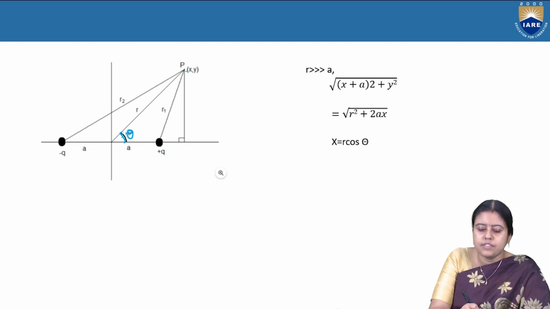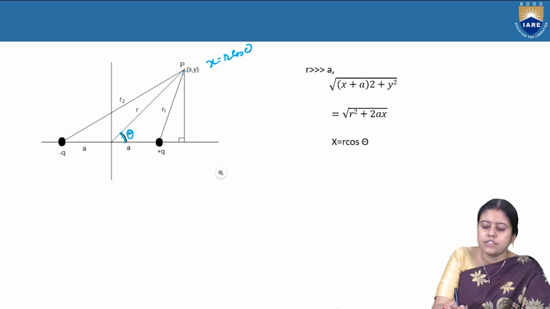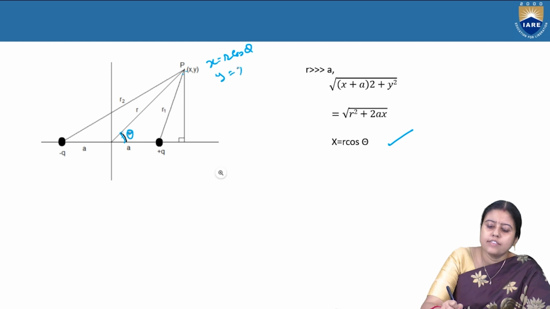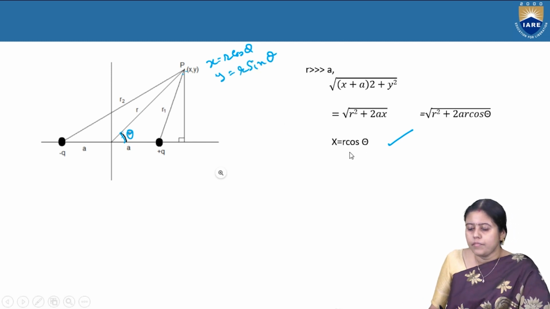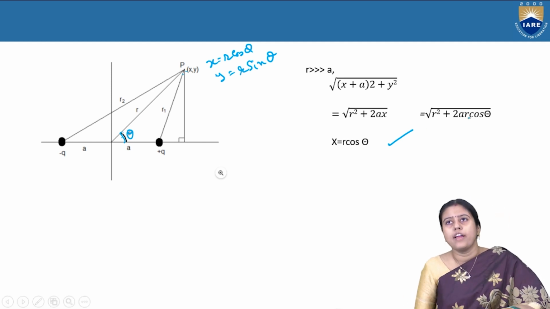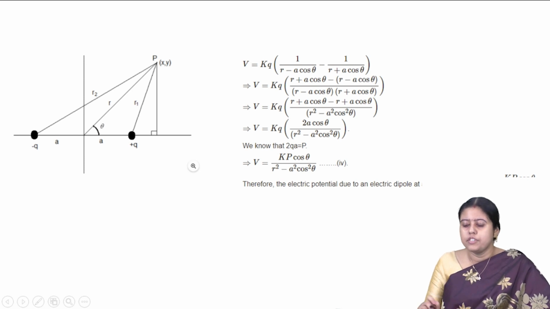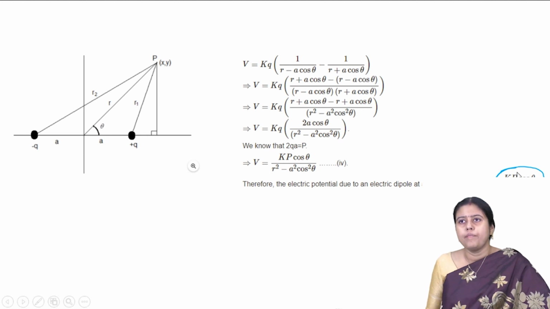If this is r, x is equal to r cos theta, and y is equal to r sin theta. So we can write square root of r square plus 2ar cos theta. After substituting this value, we will get kp cos theta by r square minus a square cos square theta.